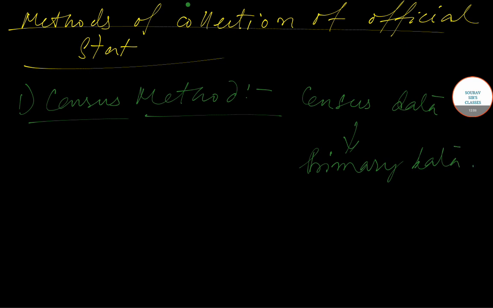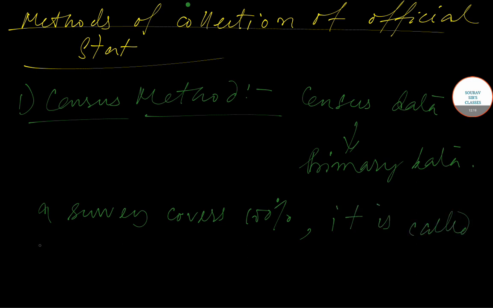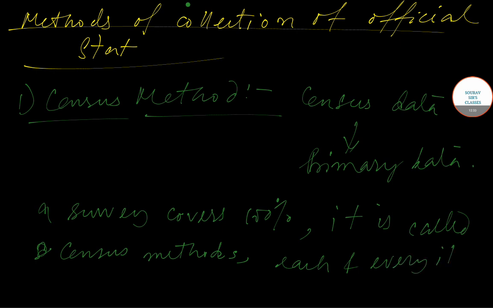And when a survey covers 100% of population, then it is called census method. So we can say that in this census method, we are actually covering each and every item or unit constituting the entire population.